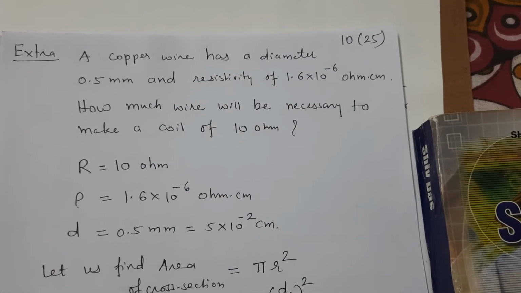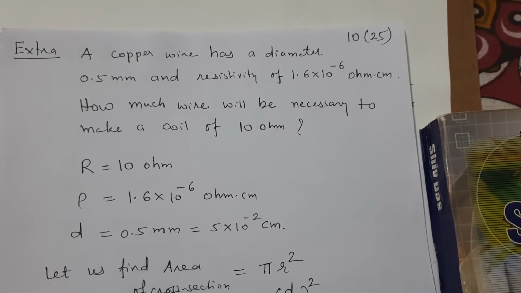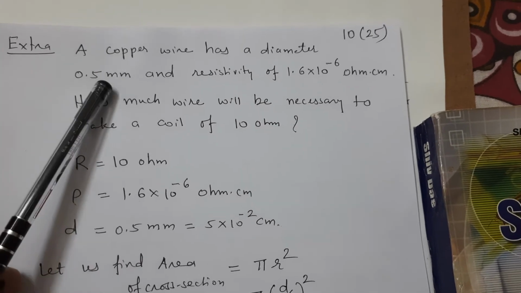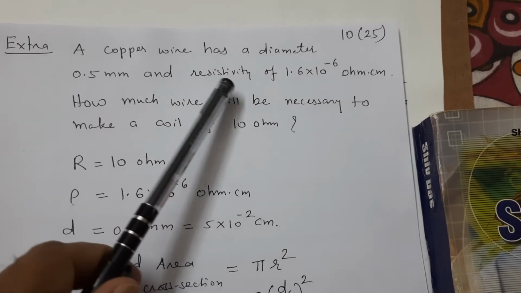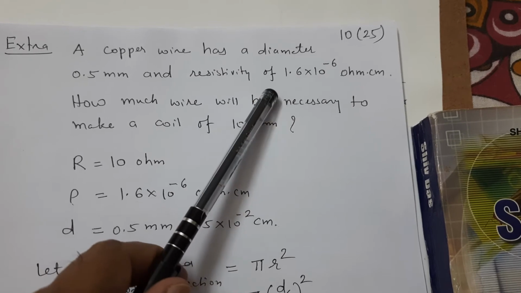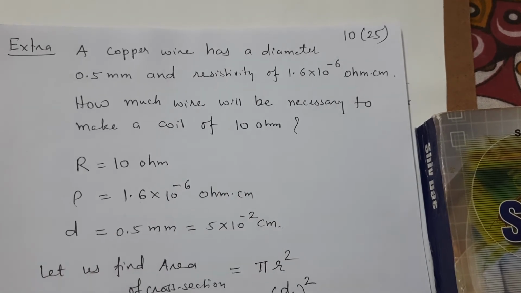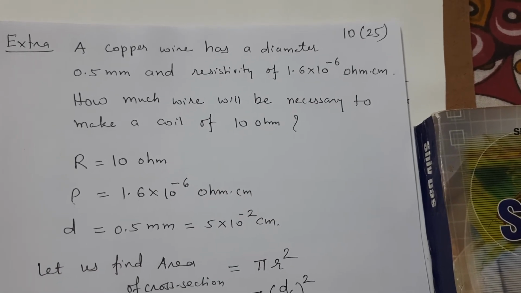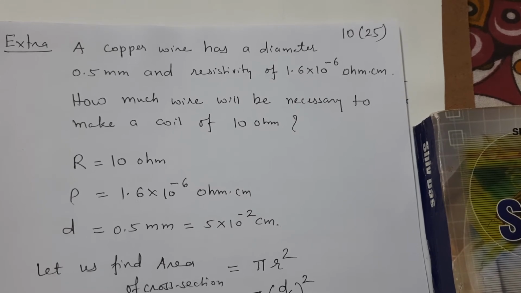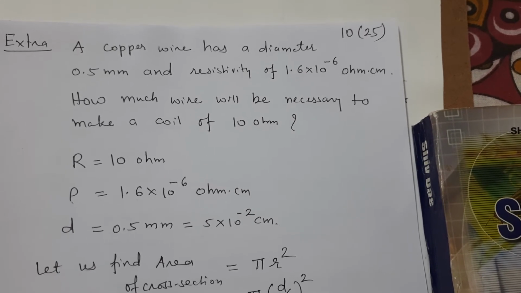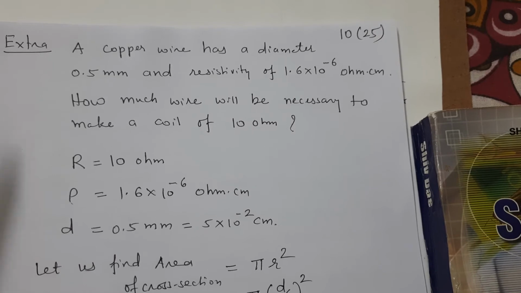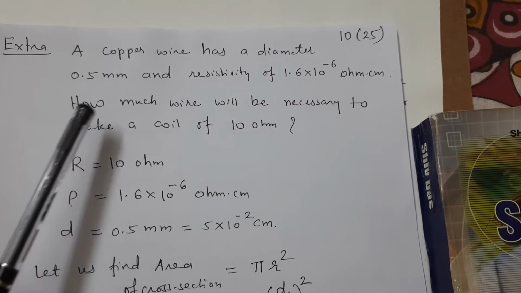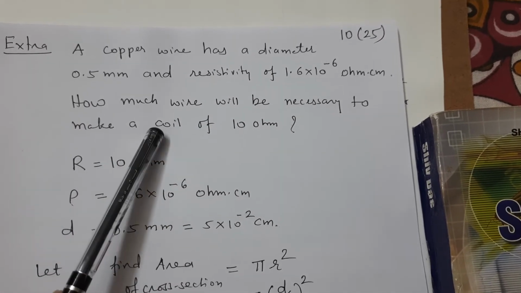Let's see one extra sum. A copper wire has diameter of 0.5 mm and resistivity of 1.6 into 10 raised to minus 6 ohm centimeter. You know the unit of resistivity of the material is ohm meter; here it is given in ohm centimeter. How much wire will be necessary to make a coil of 10 ohm?